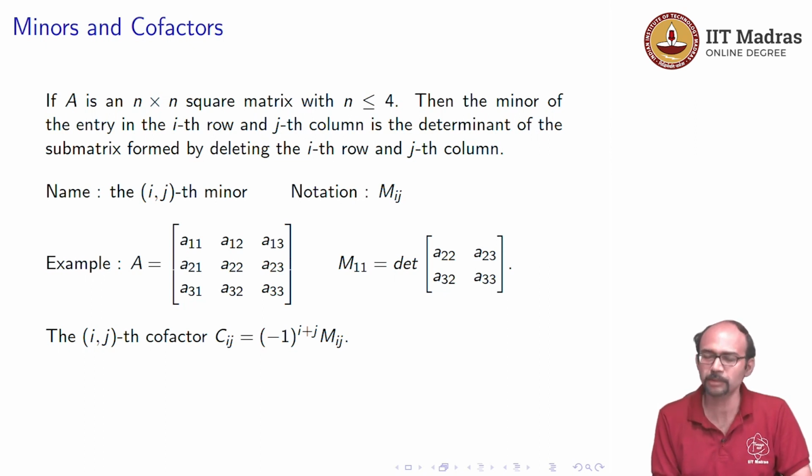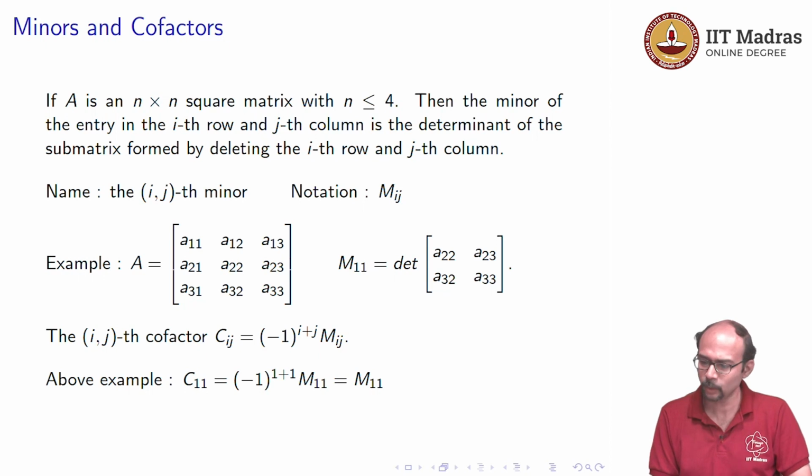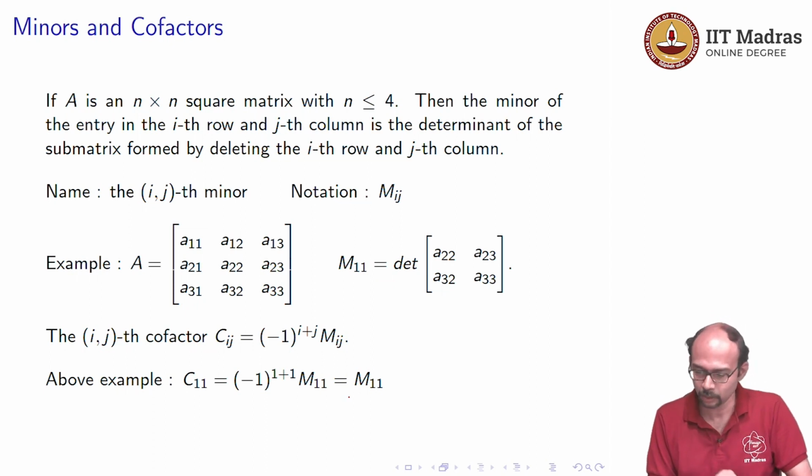Okay. So, it is the same number, but it could be with a minus sign depending on what is i and what is j. Okay. So, for example, C11 is just minus 1 to the power 1 plus 1, which is minus 1 to the power 2. So, minus 1 squared is 1 times M11, which is just M11. Okay.